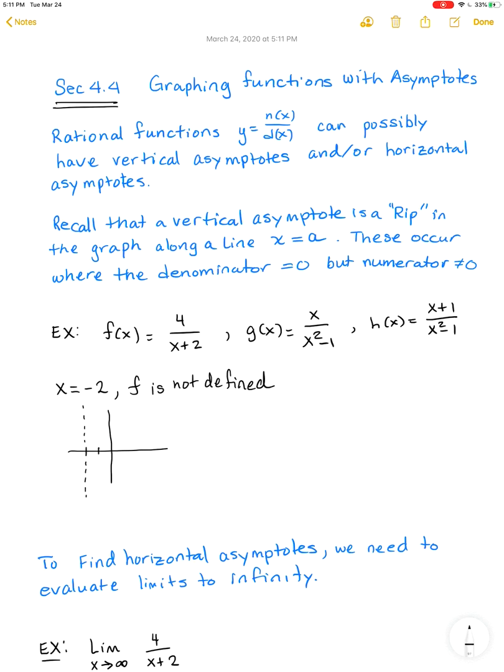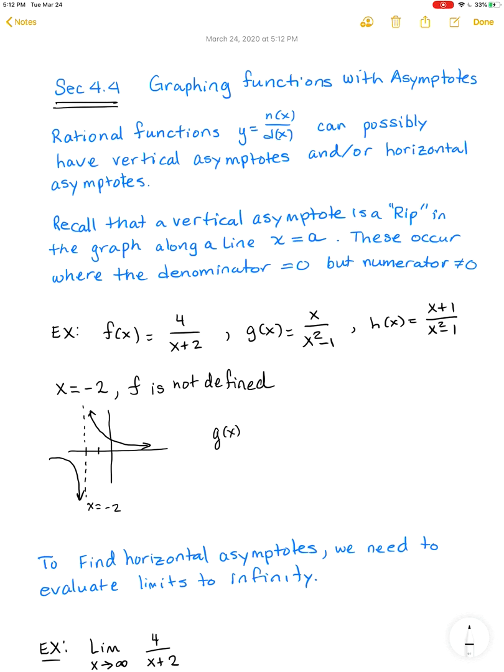Remember, the graph of 4 over x does something like that and that. The graph just rips apart at x is negative 2, okay? Because the denominator is 0. So this is the vertical asymptote for x is negative 2.